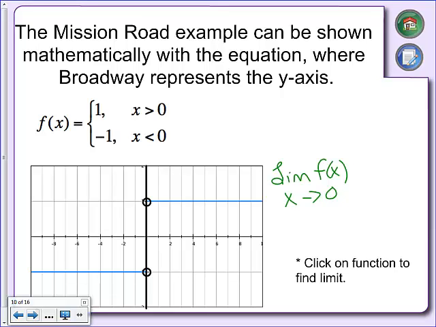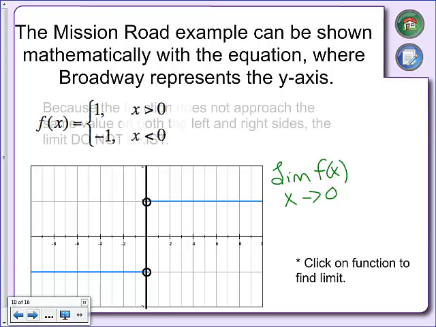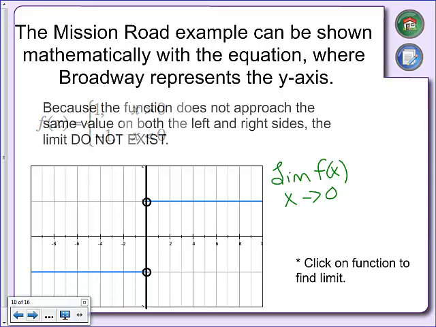No. So the limit does not exist. Because the function does not approach the same value on both sides, from the left and the right, the limit does not exist. And the way I specifically write that is I write DNE. The limit does not exist. There is no limit.